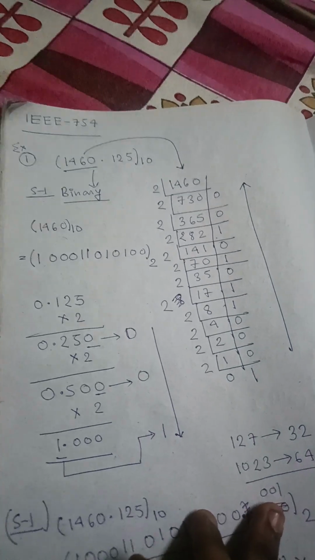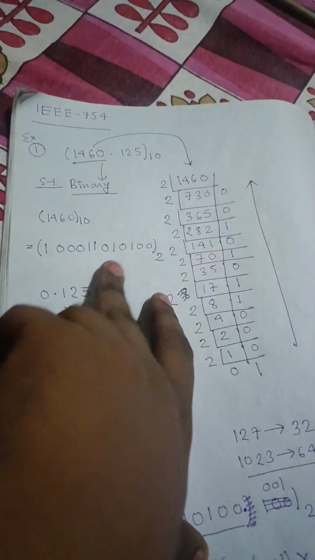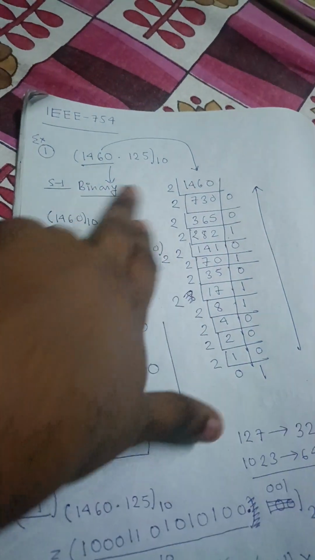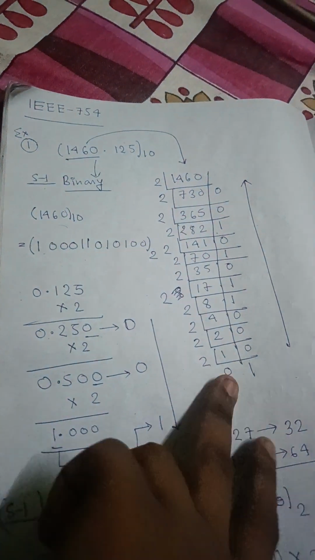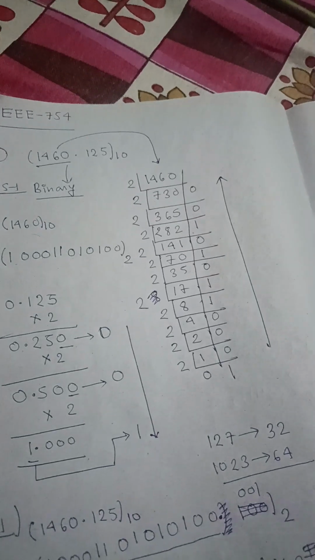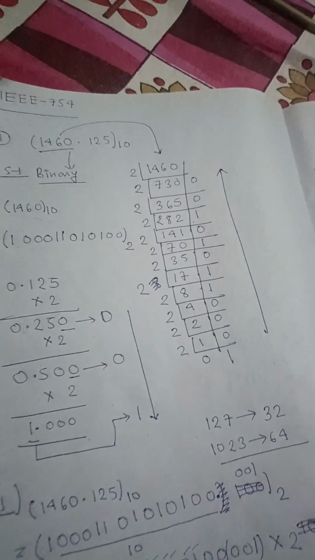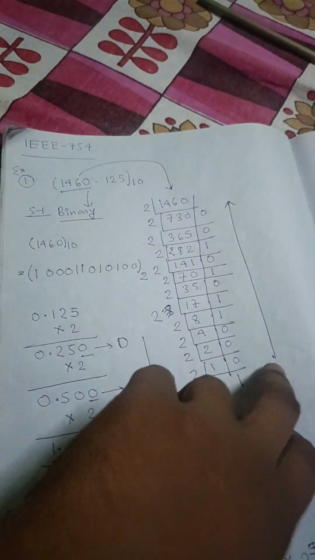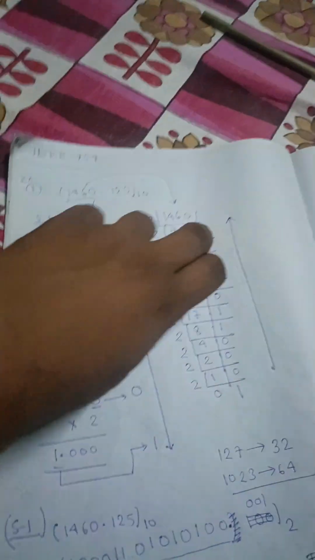I initially didn't understand that it would take time to calculate, but after that I realized it. So take a number, then divide it by 2 until you get 0 and 1 as the answer and remainder. From that you will get the binary code. Here we follow the bottom to top approach.